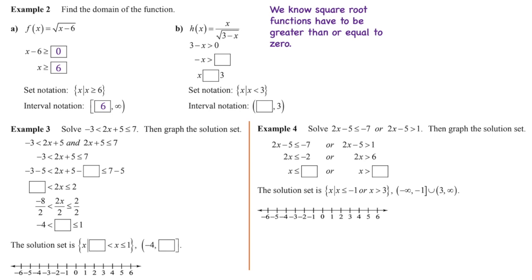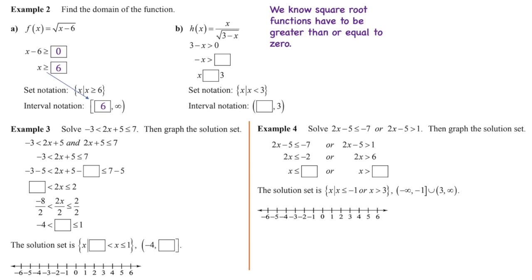Similarly, we know that we can't divide by 0 either. So I'm going to make sure that when I set the inside of my radical greater than 0, I'm not going to use equal to because if it was equal to 0 in our denominator, we still wouldn't be able to do it. So I'm going to set it greater than 0, not equal to, because it's not inclusive of 0.